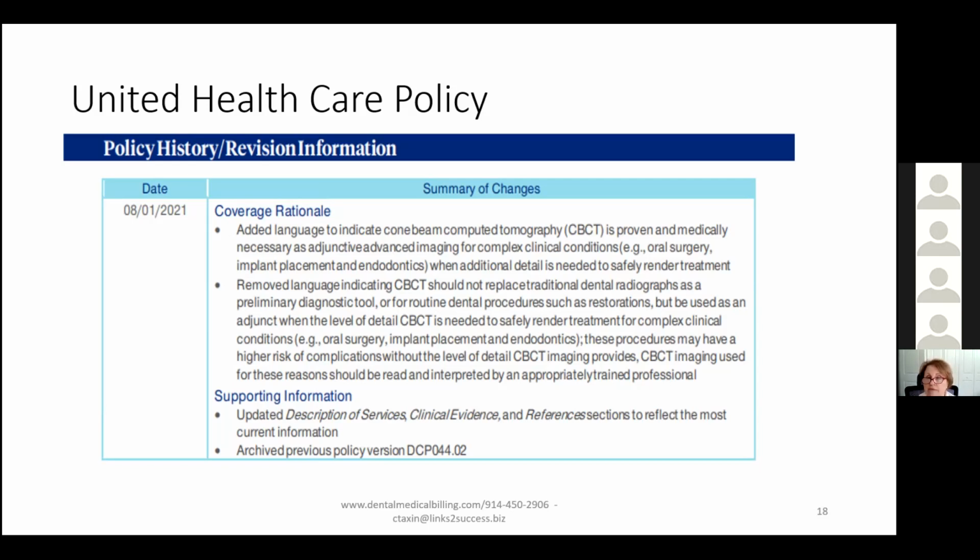Again, they named it. These procedures may have higher risk of complications without the level of detail from a CBCT scan. And imaging used for these reasons should be read and interpreted by an appropriately trained professional.